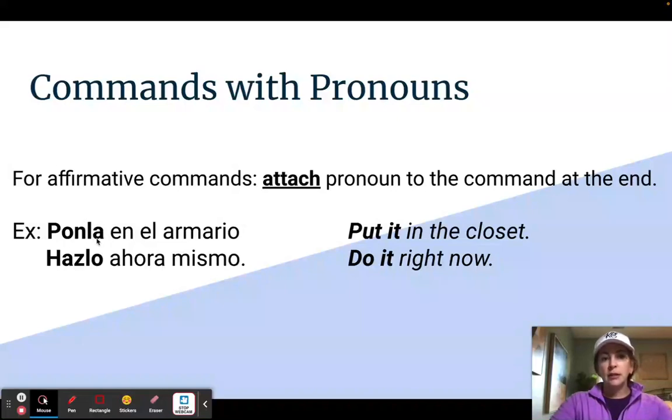La is the pronoun. We don't know what la is, but just for the sake of the example. Put it in the closet. Affirmative, you're telling someone to do something. Hazlo ahora mismo. Do it right now. So affirmative, attached.